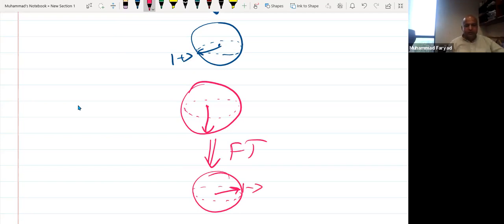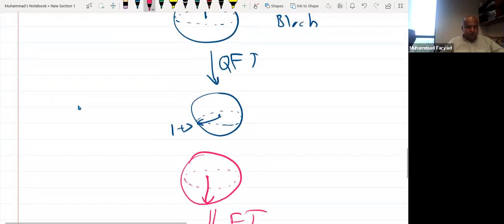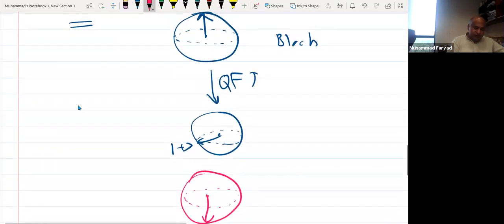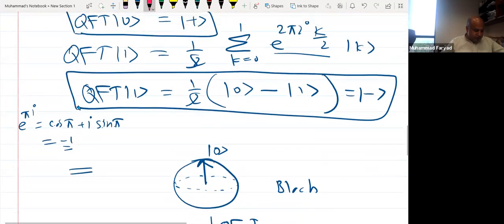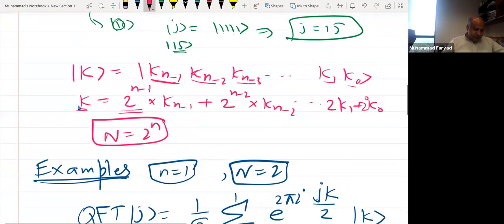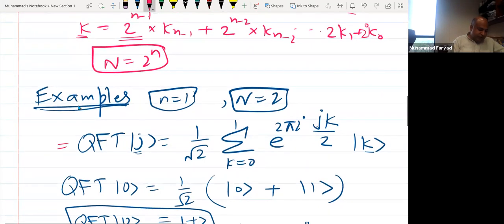And we know what circuit can do this, a Hadamard transform. So for a single qubit, the QFT circuit is just this thing. So j naught, a Hadamard, goes to, so let's develop some notation like this: QFT of j, let's call it j tilde.